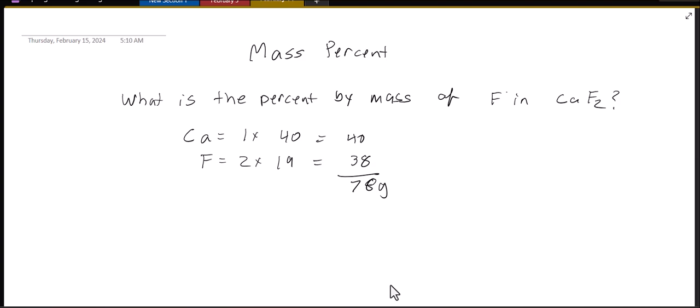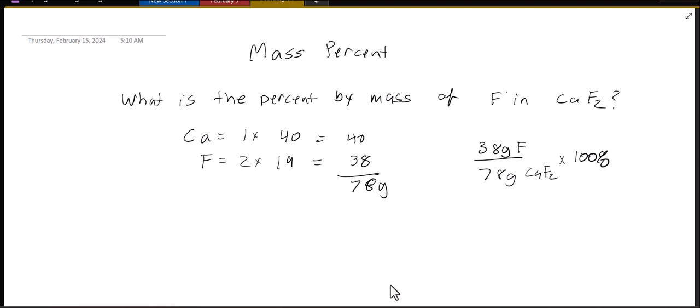So to get the percent by mass of fluorine, I'll take 38 grams of fluorine over 78 grams of CaF2 times 100%.